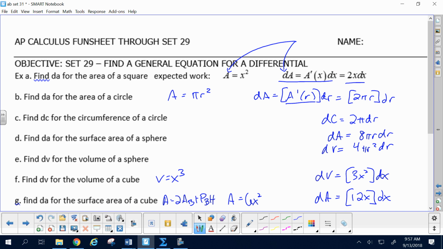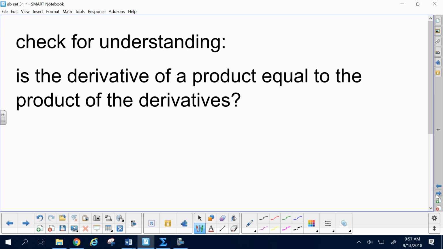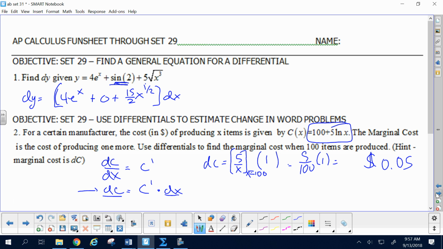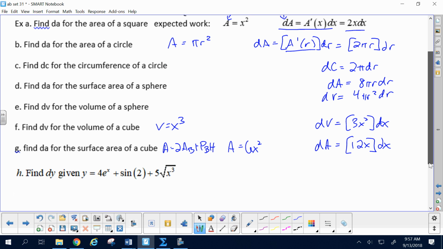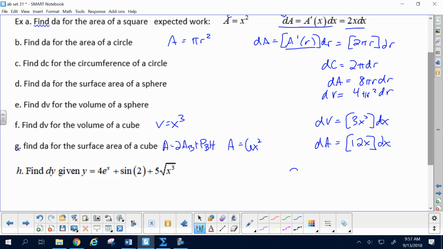How do we do that? Never mind. Is there another one after that? Oh, did I not? Oh, sorry. Do you have dy is 4e to the x plus, what's the derivative of sine 2? Is it cosine 2?